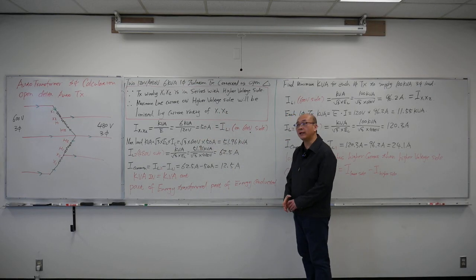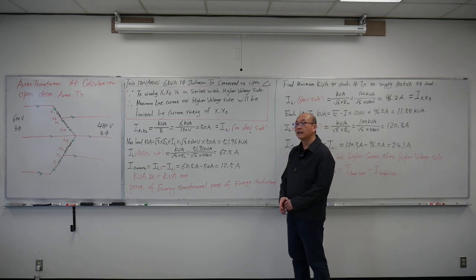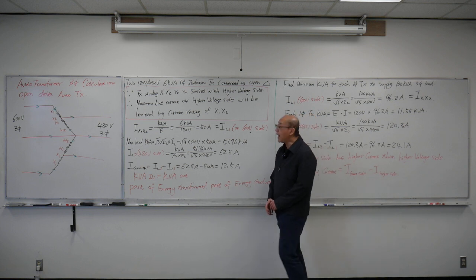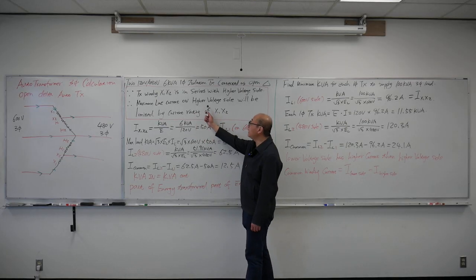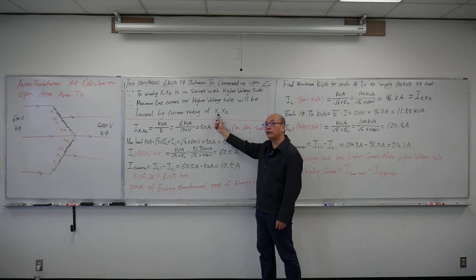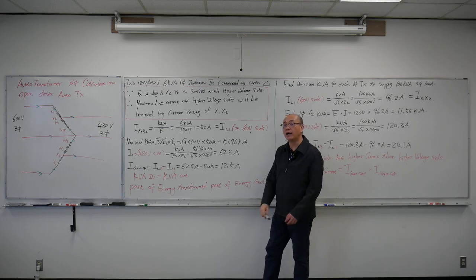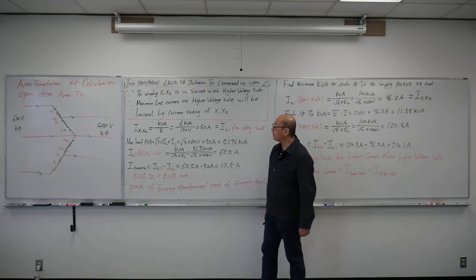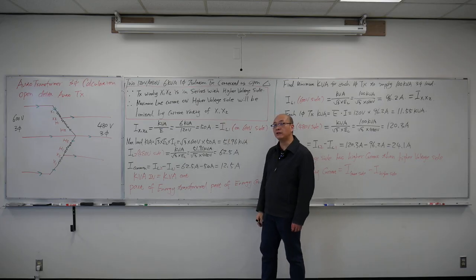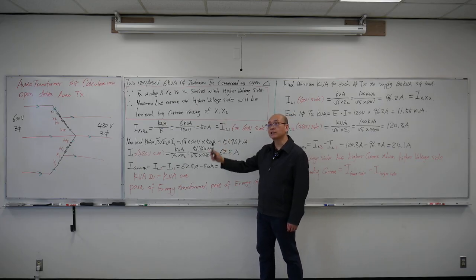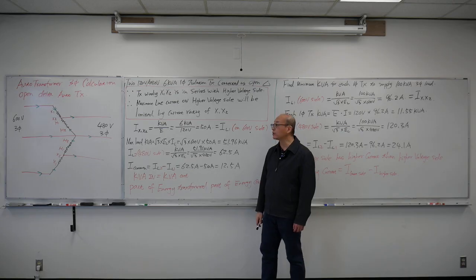Because the transformer's X1, X2 winding is in series with the high voltage side line current, the maximum current on the high voltage side will only be limited by the current rating of this X1, X2 coil. So if I find out the current rating of the X1, X2 coil, I will know the maximum current on the high voltage side.